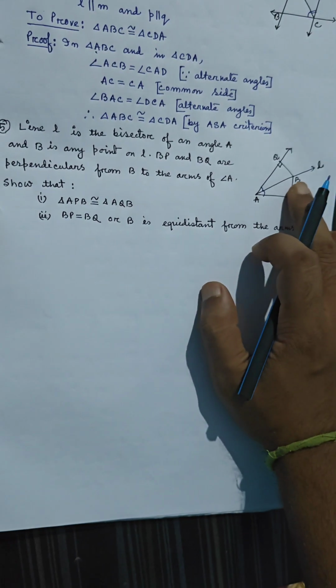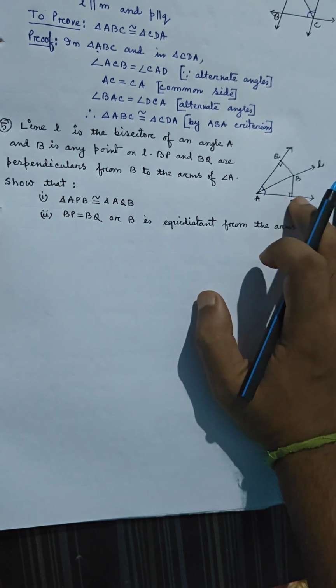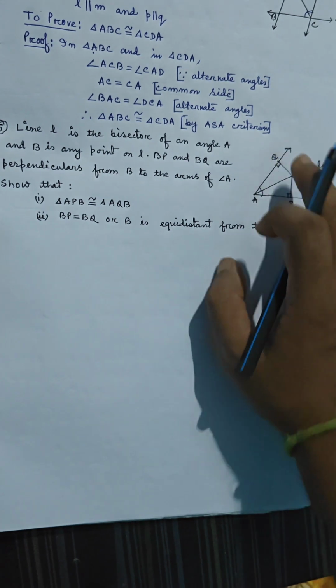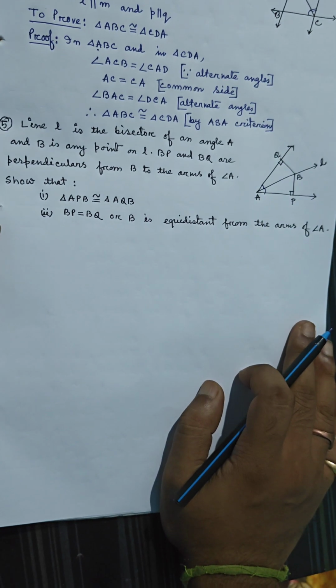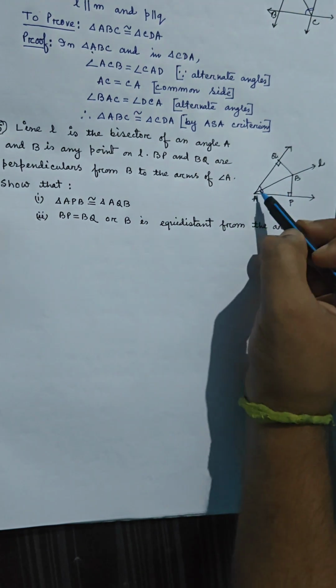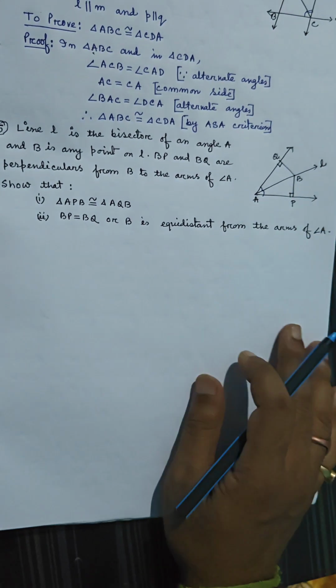Taking any point B on L, you have to draw two perpendiculars from B, one on AP, that means this side, and another on this side, AQ. Now you have to show that triangle APB and AQB, these two triangles are congruent.